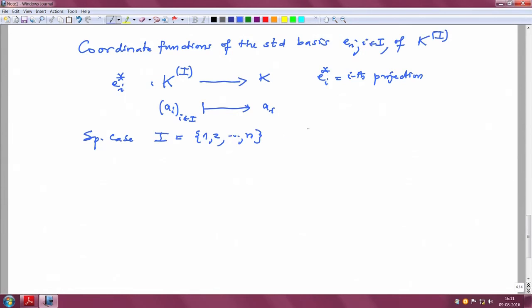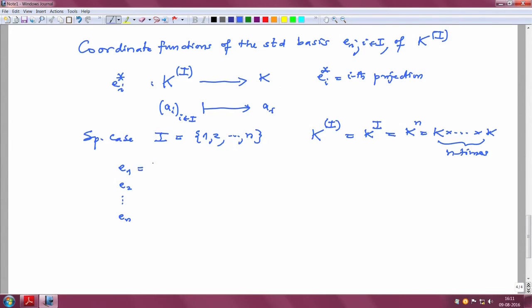In this case, k power (i) is the same thing as k power I, which is also sometimes denoted by k power n, which is k cross k cross k, n times. This is the Cartesian product of k, n times. And now we have E1, E2, En.